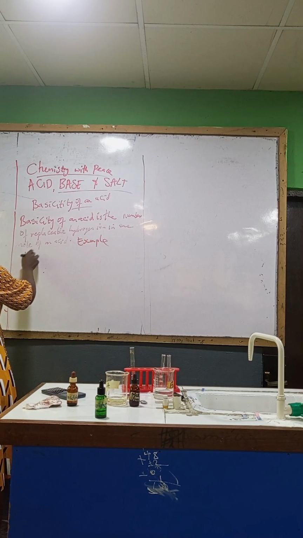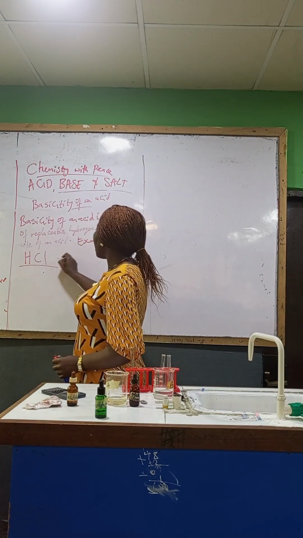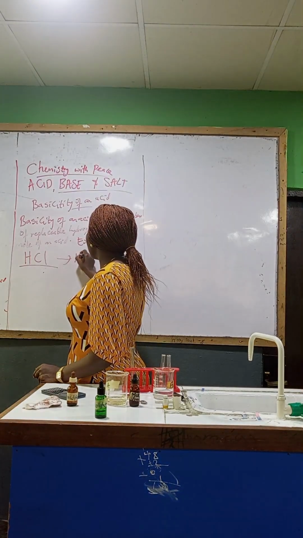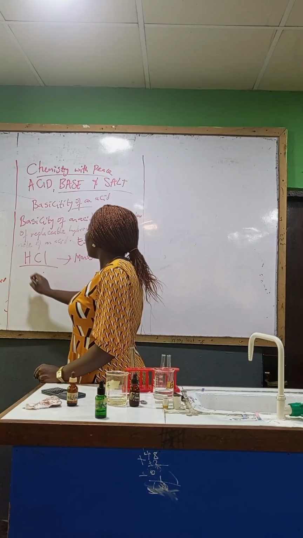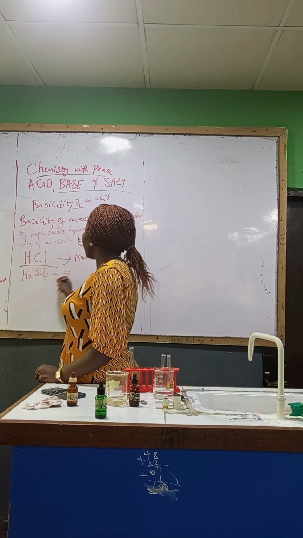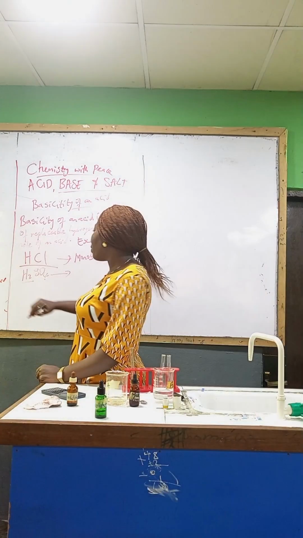For example, this is hydrochloric acid. In this hydrochloric acid, there's only one replaceable hydrogen. We call it monobasic. Then we have tetraoxosulfate(VI) acid. This one, there are 2 replaceable hydrogen ions.